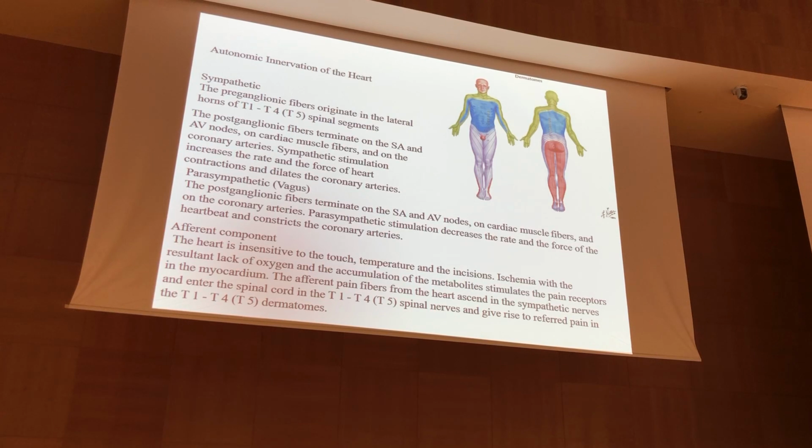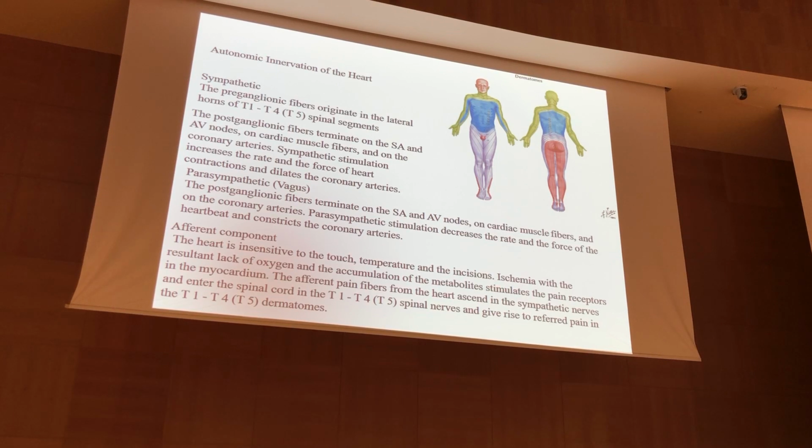Smooth muscles, where do you find them? Blood vessels, GI, trachea. Wherever you find smooth muscles will be supplied by the autonomic nervous system, sympathetic or parasympathetic. Now similarly, the heart is supplied by sympathetic and parasympathetic. The sympathetic will come from the spinal cord, from T1 to T4.